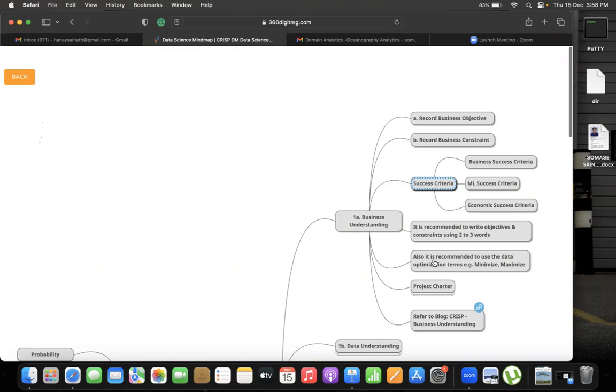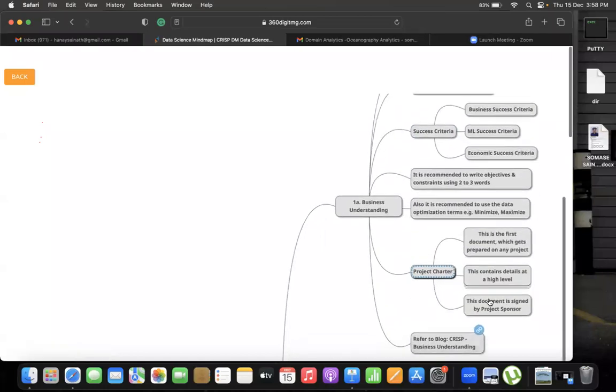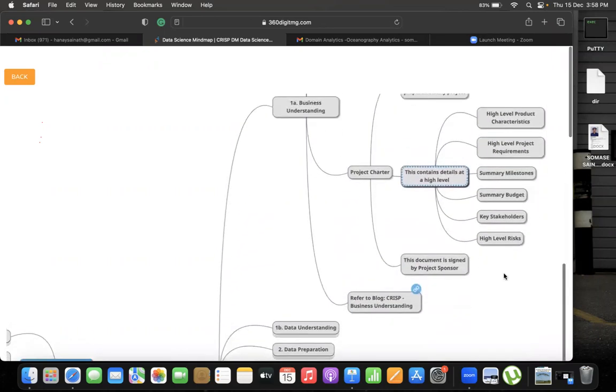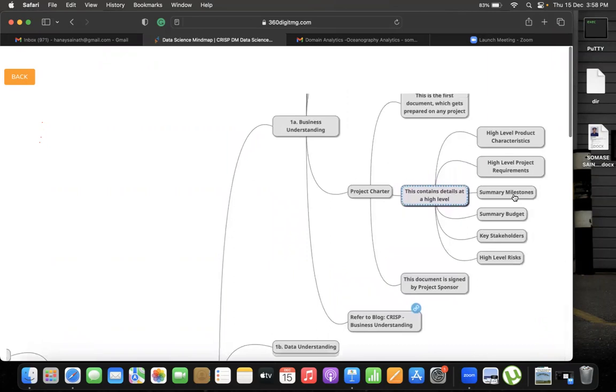Then we have the project charter. This is the first documentation which gets prepared on any project. In the second point, it contains details at a high level. It has high level product characteristics.